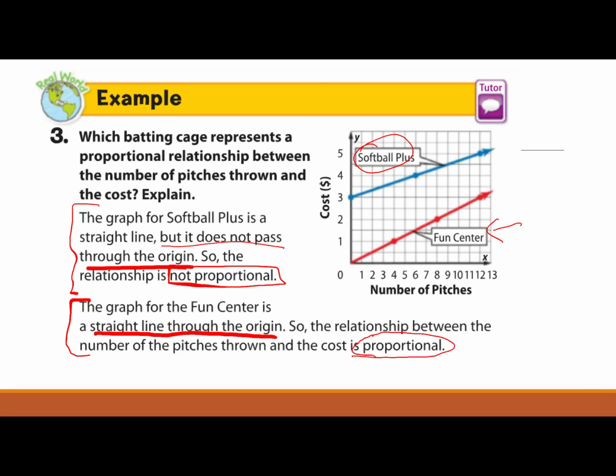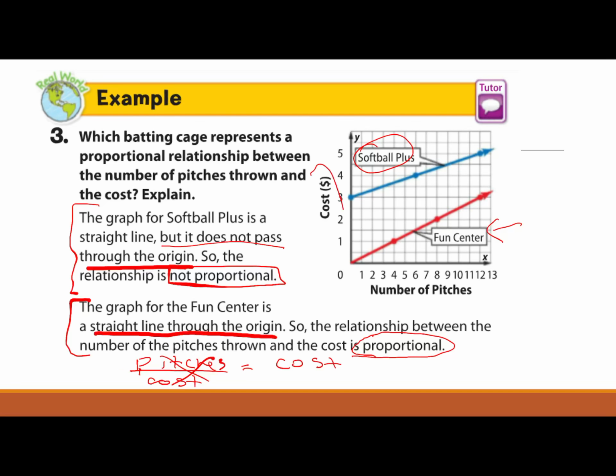And what does proportional mean? It means that since we're talking about the relationship between the number of pitches and the cost, this unit rate would tell, well, we're going to put the y first, right?